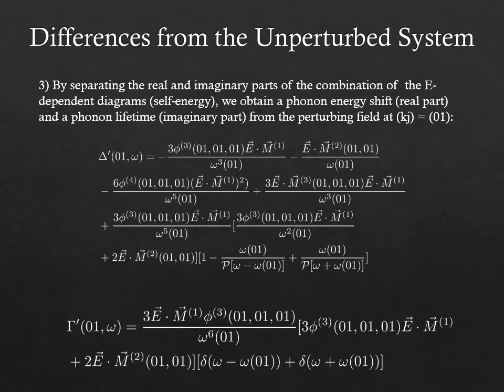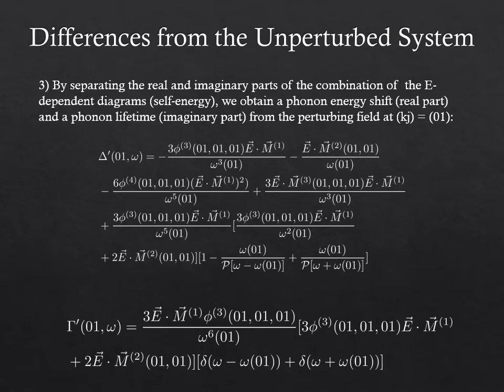So pretty much, as we've done before, if you sum up all the relevant diagrams and you separate the real and imaginary parts of them, you see that these correspond respectively to a shift in the energy spectrum of your phonons, which is Δ here, and a lifetime or phonon width, which is the Γ here. And again, we've done that in the same problem I've referenced with the phonon bubble diagram.